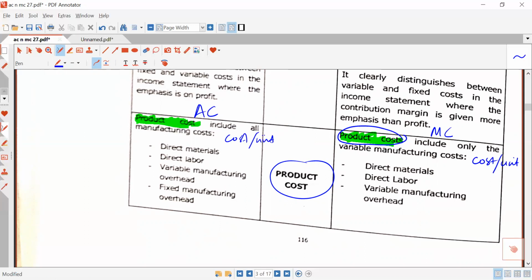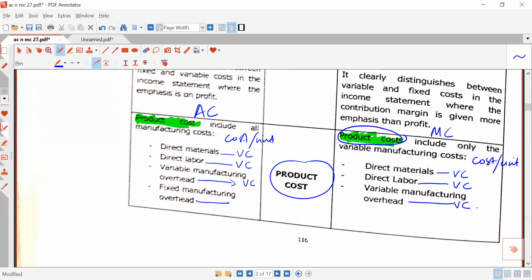Now, let's look at marginal costing first. We have direct material, which is variable cost. We have direct labor, which is variable cost. We have variable production overhead, which is also variable cost. Meanwhile, in AC, you have the same direct material, variable cost, and variable manufacturing overhead, also your variable cost.